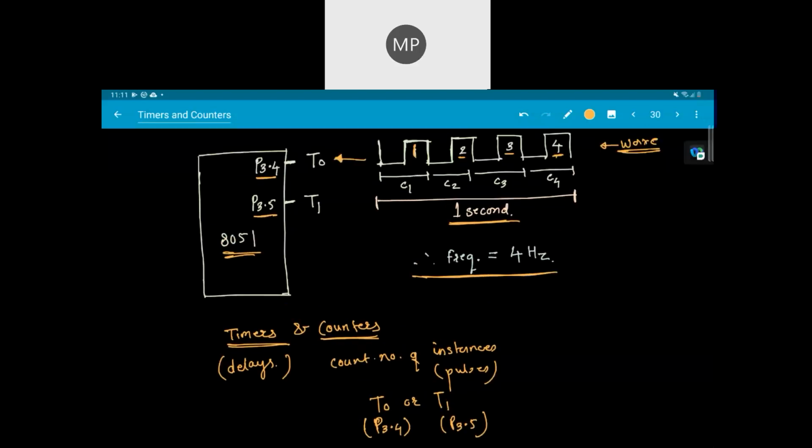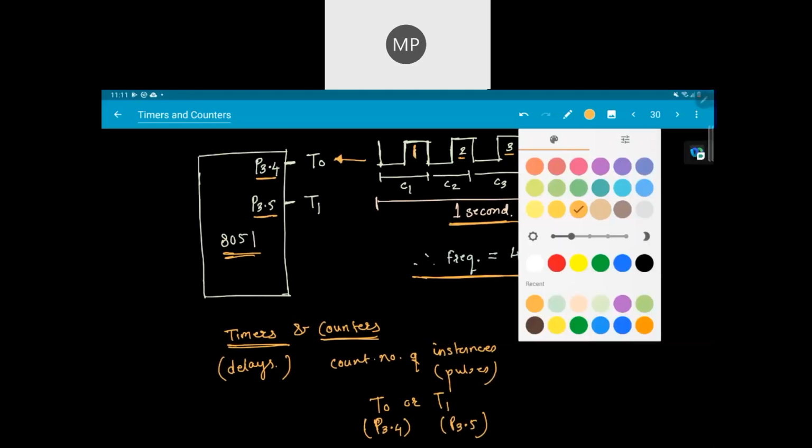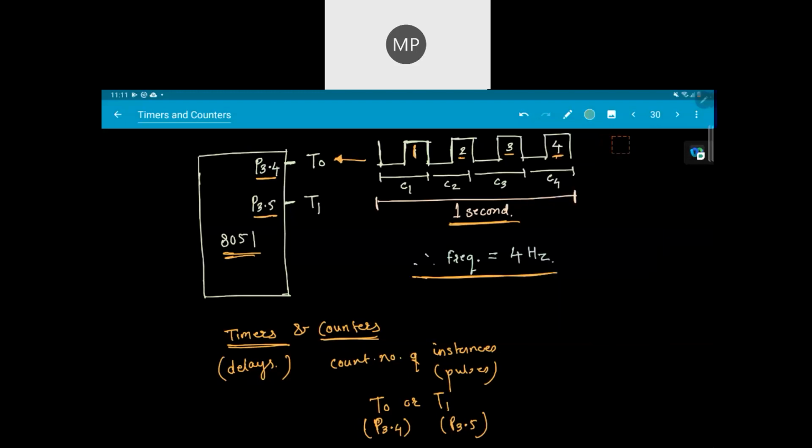Now if you observe this carefully, there are certain requirements to calculate the frequency of a particular wave. The first requirement, we should have a mechanism to count the number of pulses. This is our first requirement. And what is the second requirement to calculate the frequency?